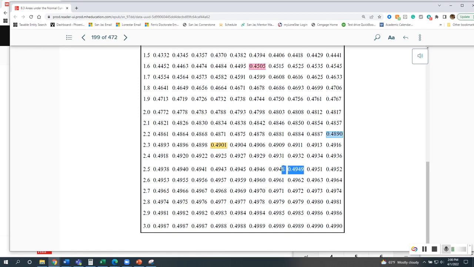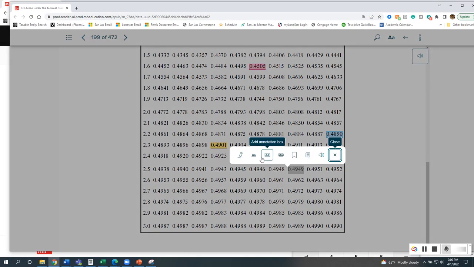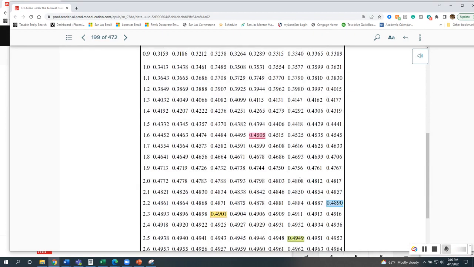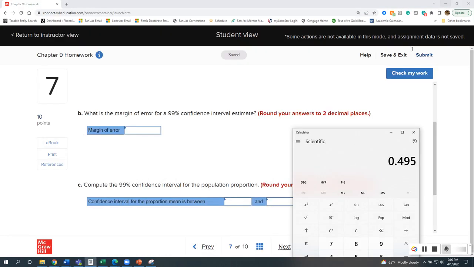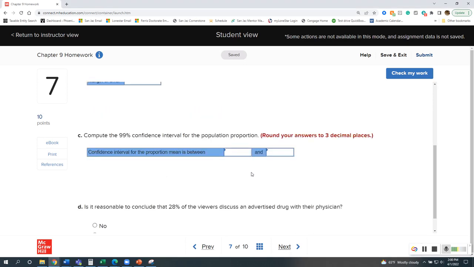So right there, that was 2.57. Yeah, 2.57. So again, have to remember it's 2.57.